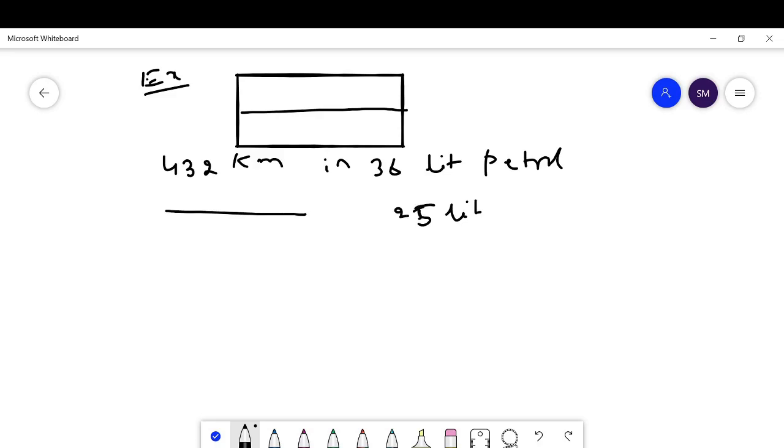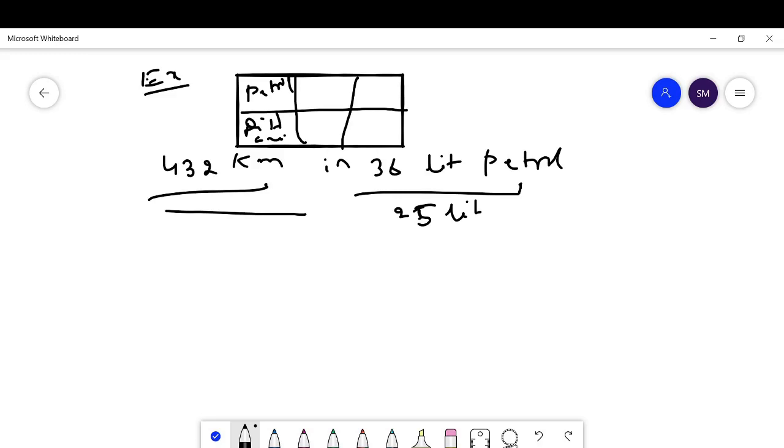It is also direct variation. When the kilometers increase, the petrol amount increases. This is direct variation. Then make the table: this is for petrol, and this is for distance.